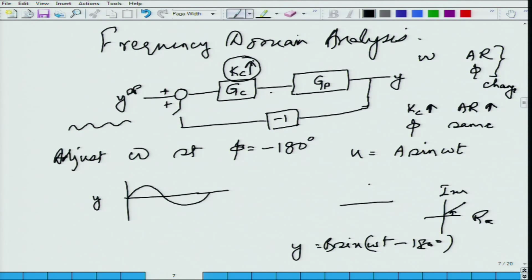At t equal to 0, that is sine of minus 180. So, then your u is changing, this is u. If this is u and the output sine wave is lagged, or has a minus 180 degree phase shift, then what you can see is this signal y, and maybe I should draw it with a blue curve.